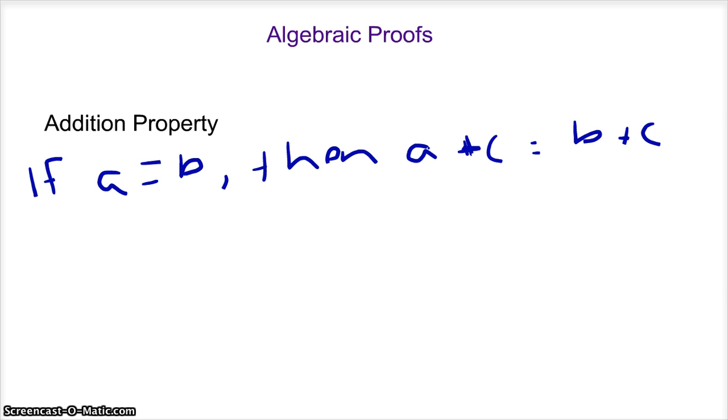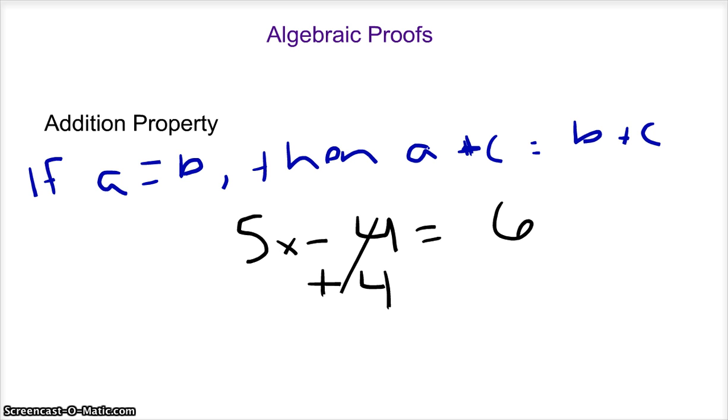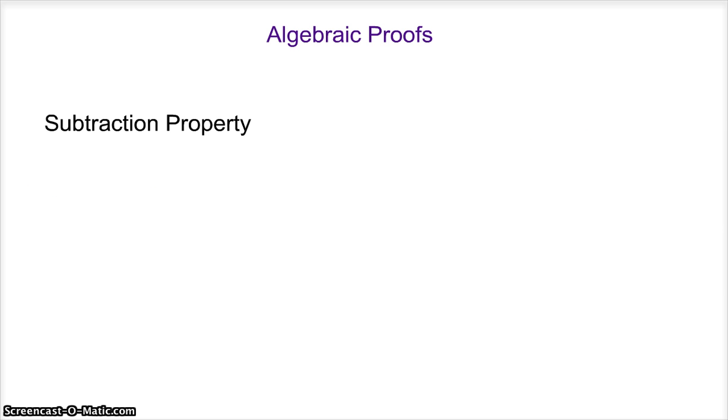That's all the addition property is. So for example, if I had 5x minus 4 equals 6, and I'm trying to solve for x, I would have to add 4 on both sides. The reason I can add 4 on both sides is because of the addition property.